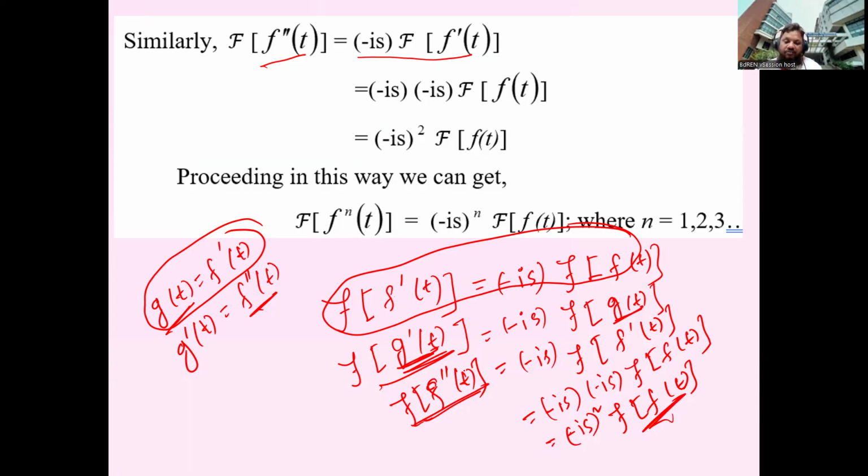Similarly, we can find the third derivative, fourth derivative, or nth derivative. For the nth derivative, we can write Fourier transform of the nth derivative as minus is to the power n Fourier transform of f of t, where n must be an integer as it is a derivative, right? First order, second order, third order, or fourth order.